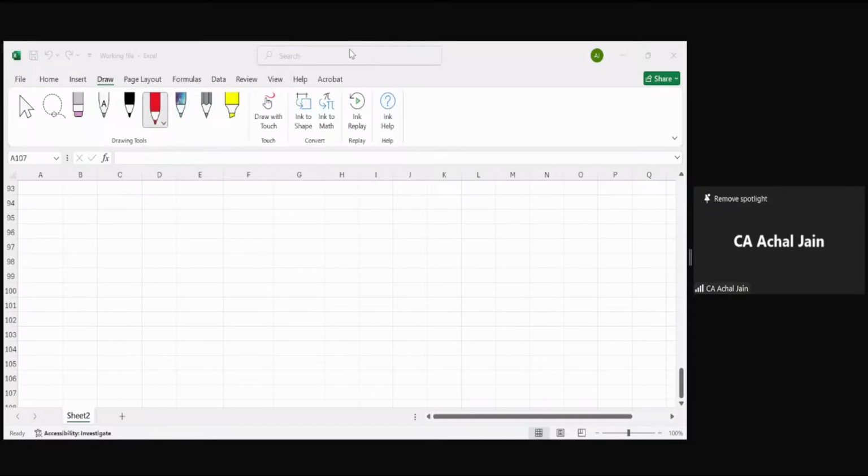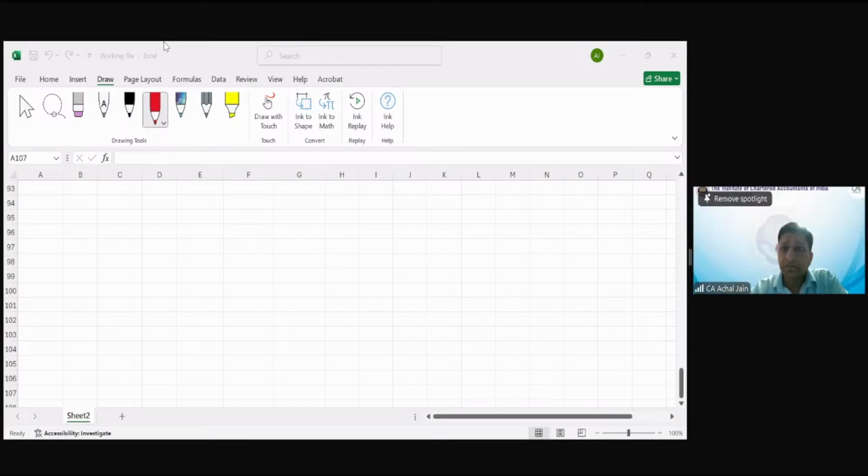And on 31st March the rate was 74. So what is the actual profit for the company, 75 minus 73 or 74 minus 73? You tell me what is the actual profit for the company.